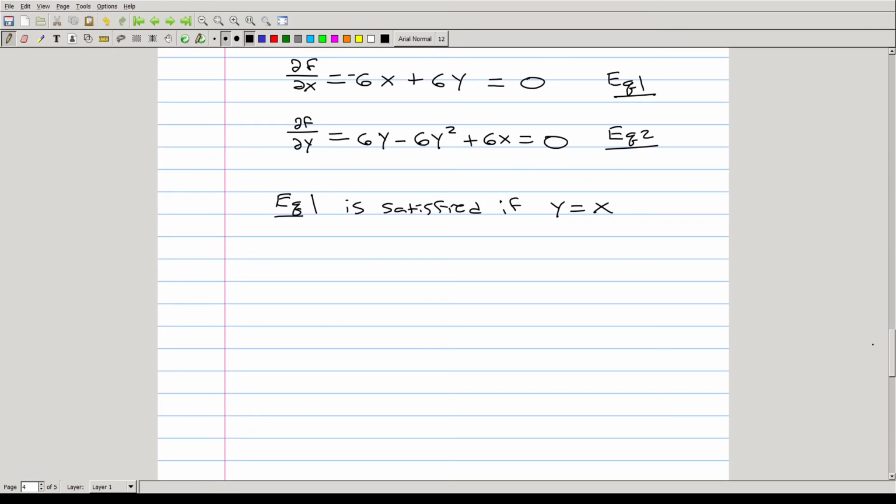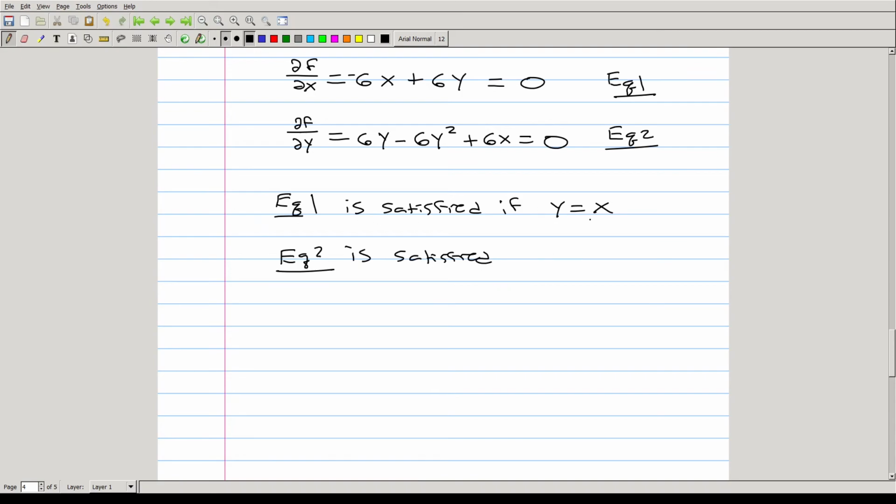Equation 2, on the other hand, is a little bit more complicated. So equation 2 will be satisfied if this 6 times y minus 6y squared plus 6x is equal to 0.